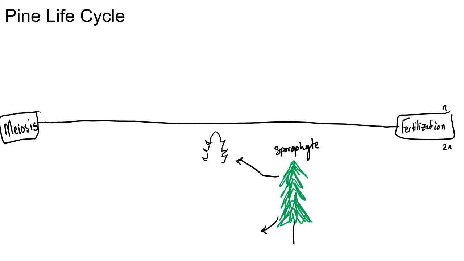So here's my little microstrobilus. It's our pollen cone. And within this structure, there would be a bunch of little microsporangia.